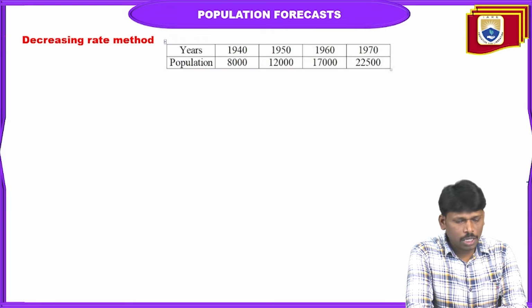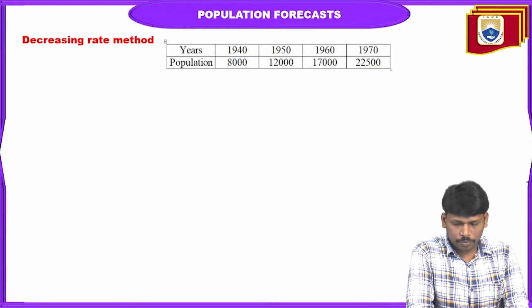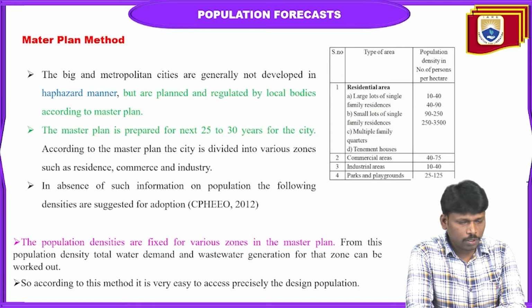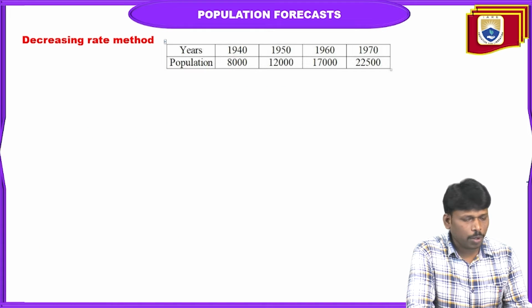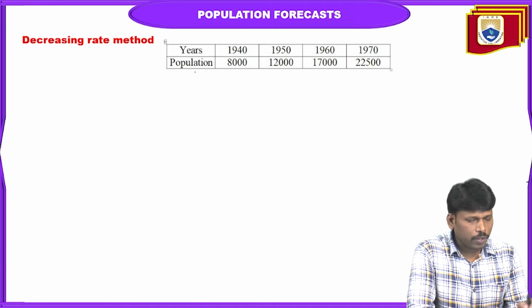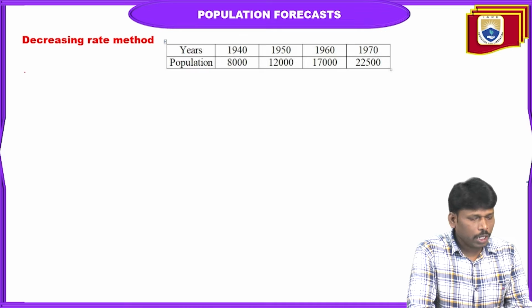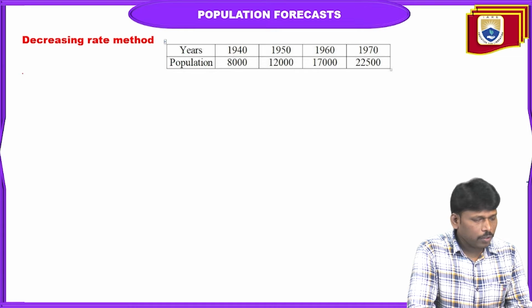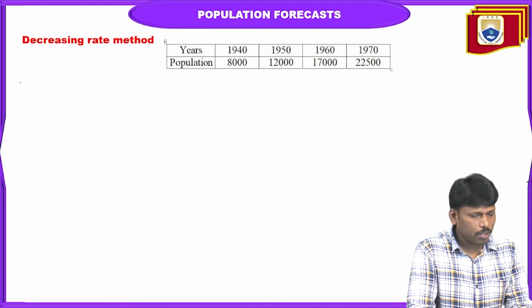So then we'll see. This is our given problem. There you can see, first, we need to calculate the percentage of increase. For example, you take some year here, it is 1940.